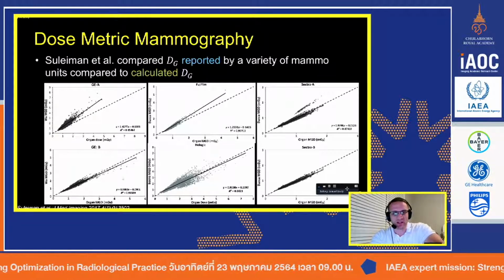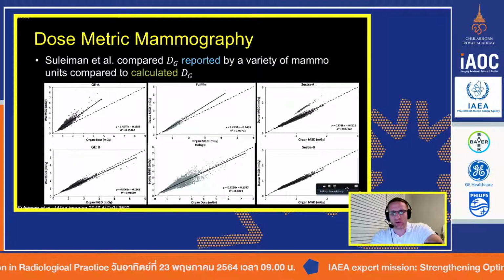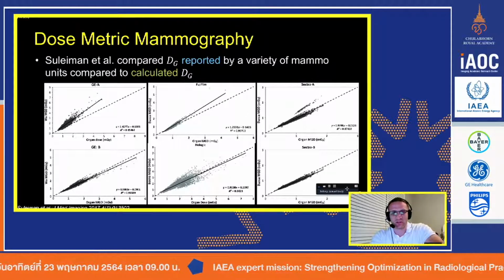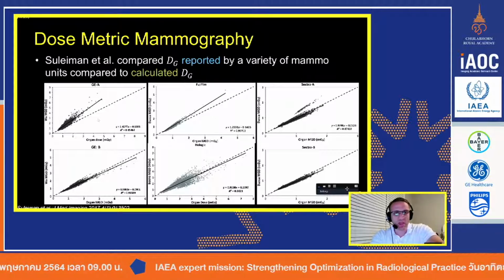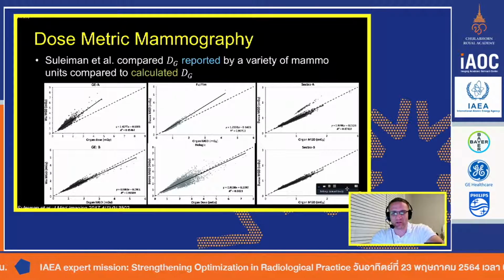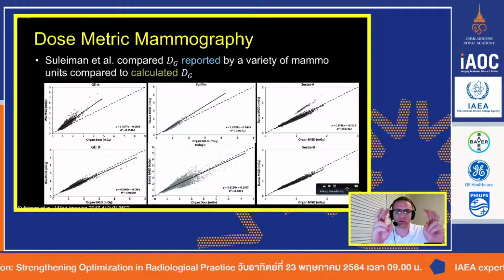Here you can see on the left you have GE, on the right you have Sectra, which is now Philips, and in the middle is Fuji and Hologic. The dashed lines at 45 degrees in every one of these plots are, quote unquote, truth.